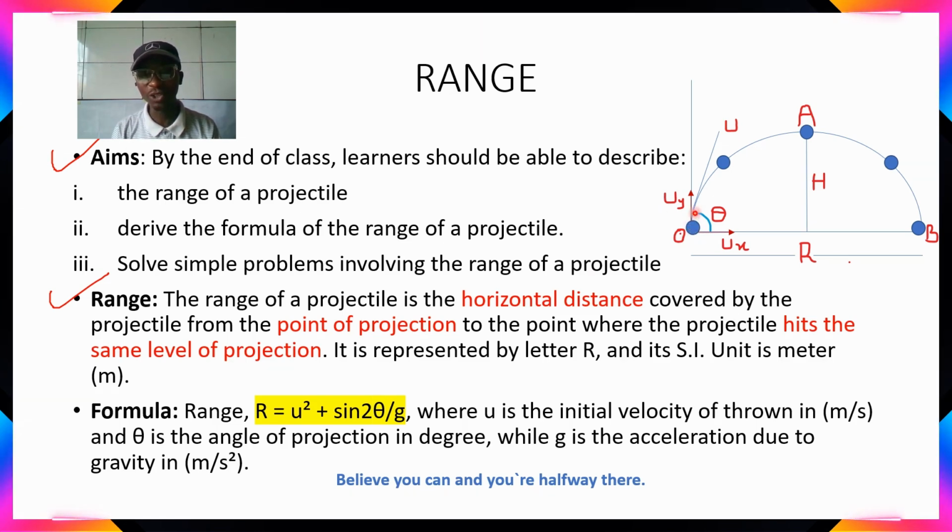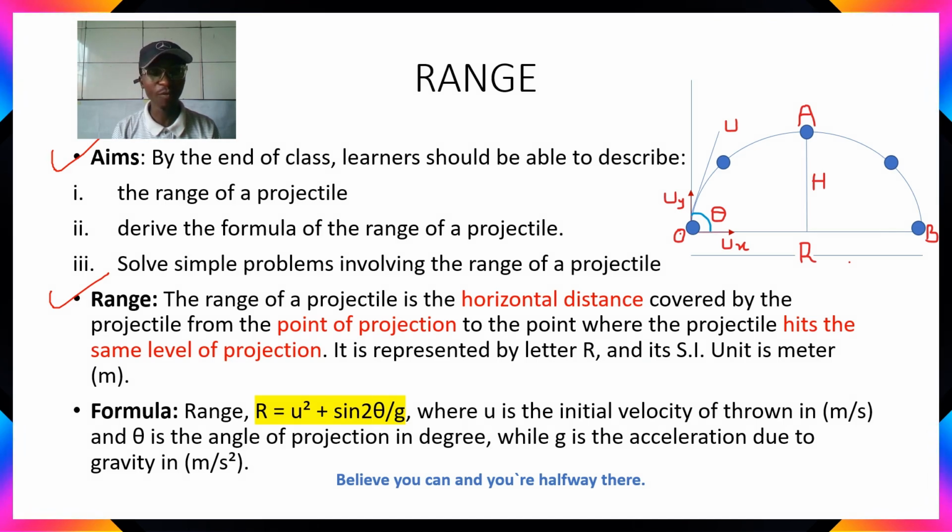As this ball is shot into the air, the distance is covered from point O to the time it returns to point B. This distance OB is actually the range of the projectile, which is represented by capital letter R. That's why they have it here. Range is represented by capital letter R, and since it is distance, its SI unit is meter.